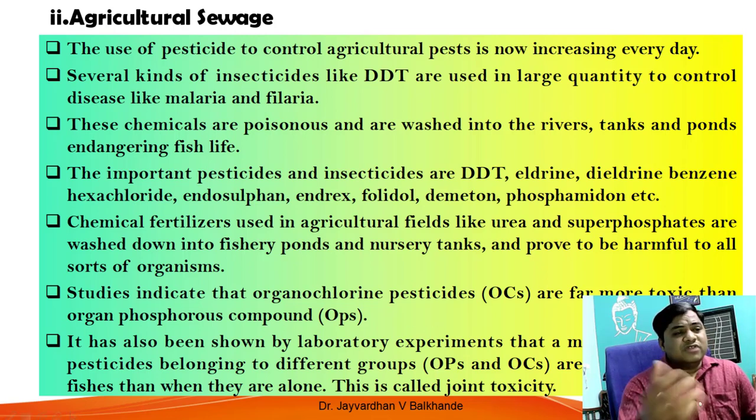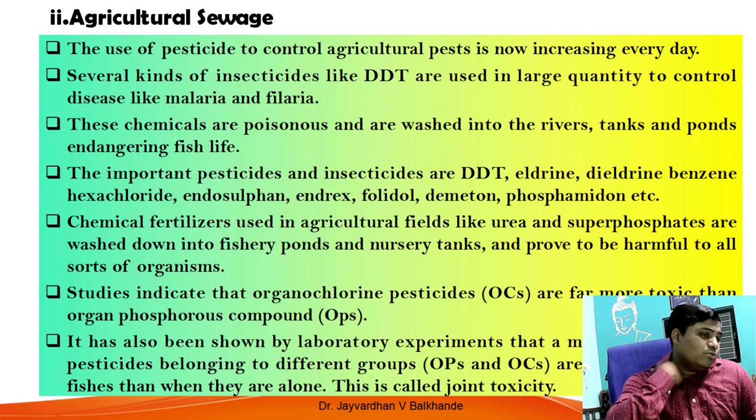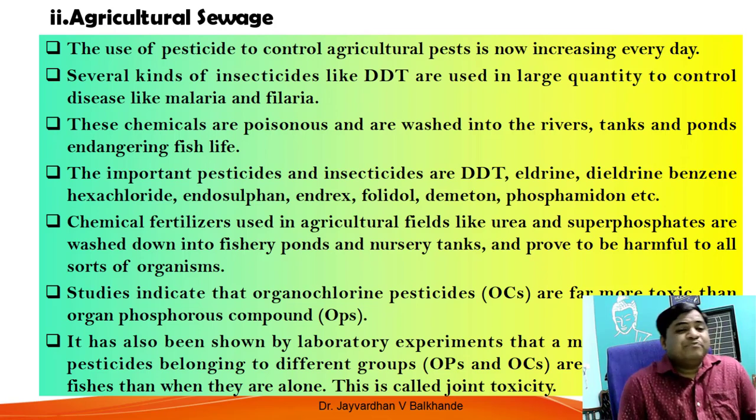Some studies indicate that organochlorine pesticides, that is OCs, are far more toxic than organophosphorus compounds. It has also been shown by laboratory experiments that a mixture containing pesticides belonging to different groups of OPs and OCs is far more toxic to fishes than they are alone.